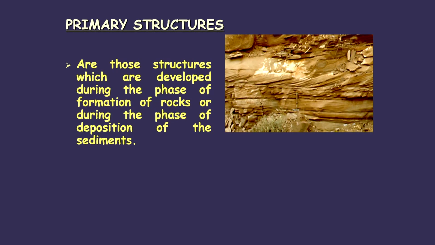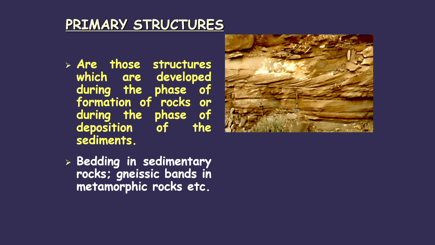On the right-hand side, the photograph shows typical sedimentary structures, where you have the topsets, the bottomset and the foresets, a typical cross stratification. In sedimentary rocks, you will come across beddings.